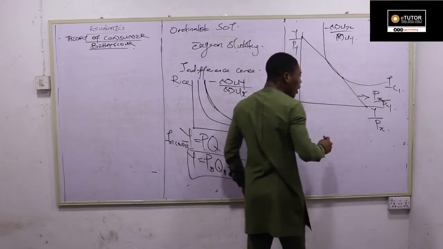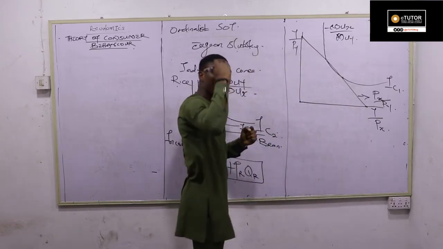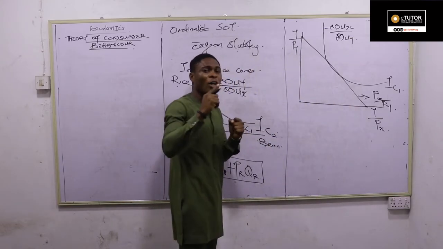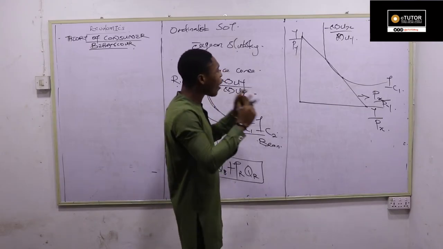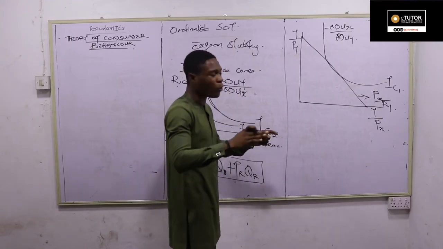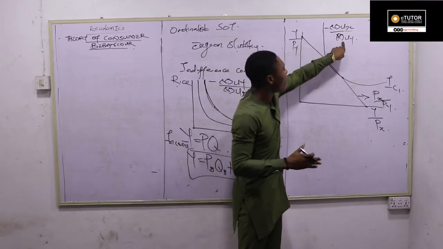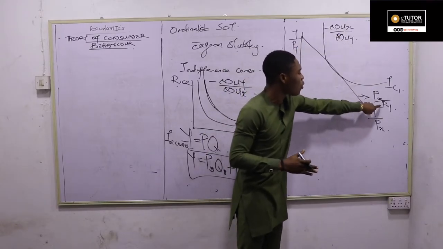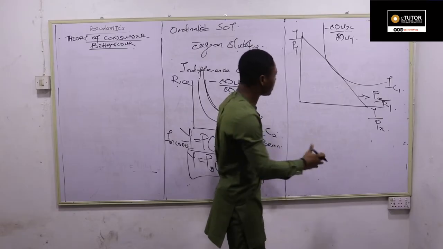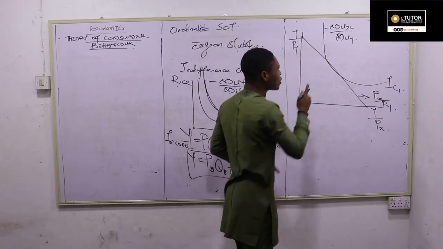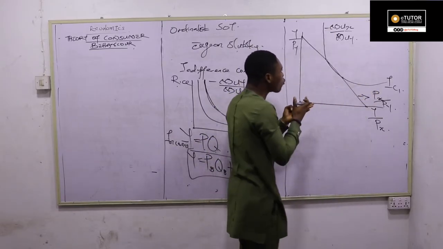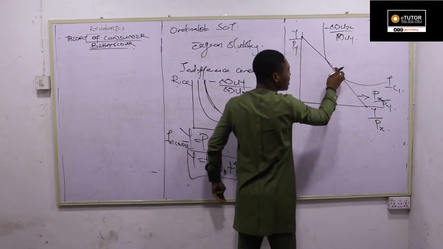Of Y. So if I refer you back to what we did earlier, according to the cardinalists, I said for a consumer to gain equilibrium, MUX over MUY must be equal to PX over what? PY. Same thing we are saying, but one thing is that to get this and this, they are equal once the indifference curve is tangential to the budget line.